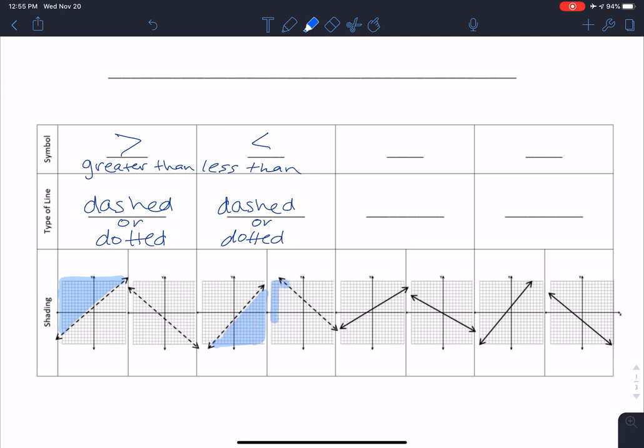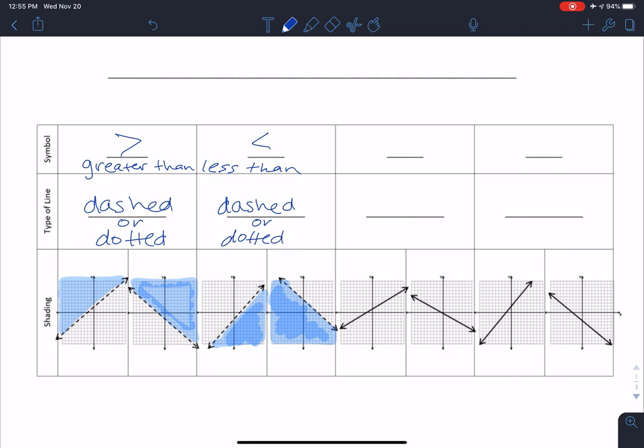Or right here. And on this one, I forgot to do this example for the greater than. So this is what greater than also looks like on a negative slope. Okay? So on this first example right here, my slope is positive, under the line looks like this. If my slope is negative, like in this example, the under is to the left.